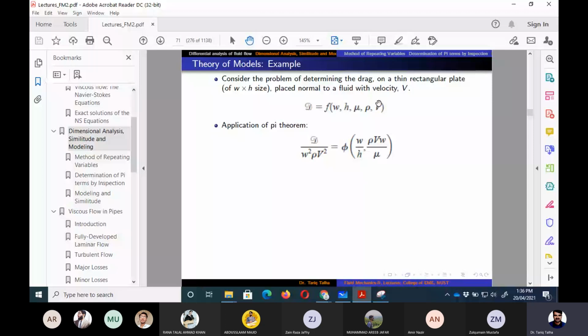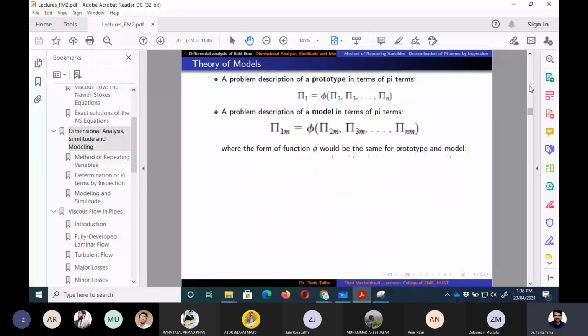So the repeating variables we choose are W, H and V. Then we are missing one dimension, which is force, because W and H are in meters, and velocity is meters per second. There is no force dimension in this. So we need to take either mu or rho as a repeating variable. Only in those variables do we have the force dimension, right?